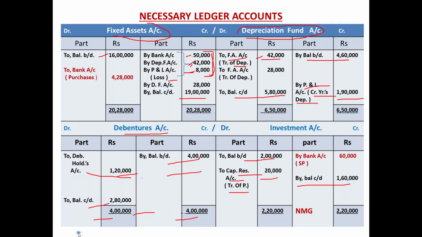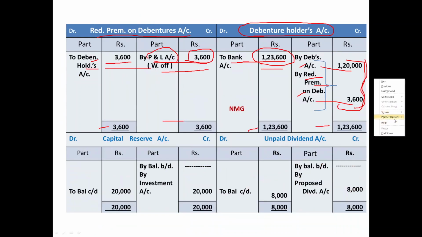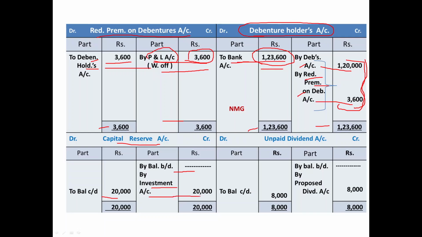Capital reserve account. Have a look. Capital reserve. No opening balance as we saw and verified in the balance sheet. Closing balance 20,000 given in the balance sheet. Posting of the first JE. Investment account debited to capital reserve account credited 20,000.